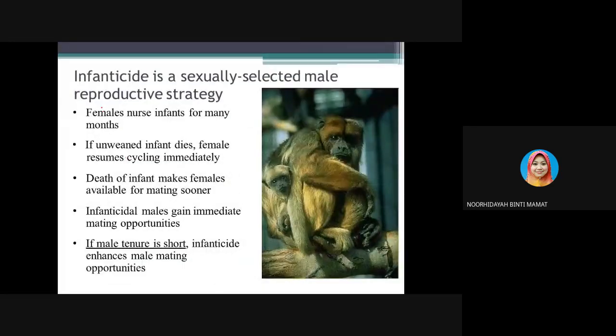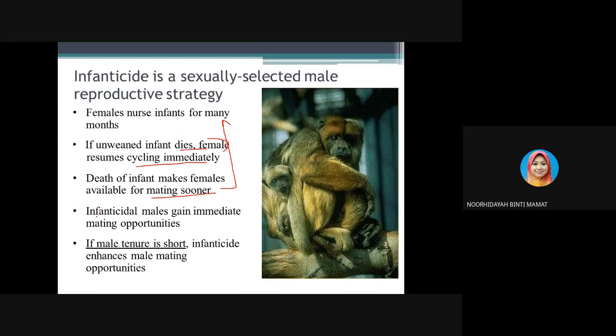Normally the females will nurse the infants for many months. If the unweaned infant dies, the female will resume cycling immediately. So the death of the infant makes the female available for mating sooner, because they don't need to feed or nurse their infant.